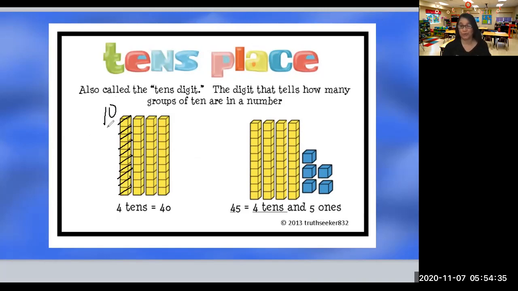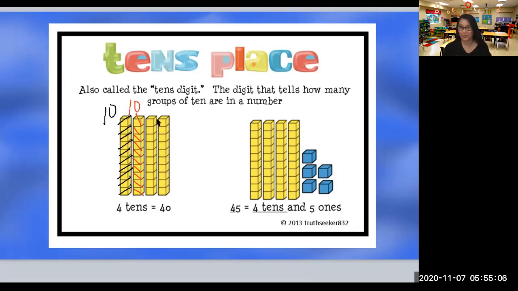It's a group of yellow blocks stacked together, which comes up to 10. Now, let's look at the next set of blocks. Let's count them. 1 through 10. It's another group of 10.